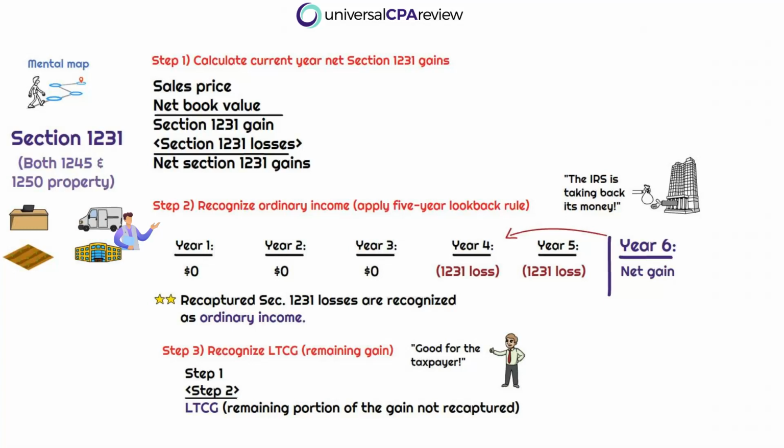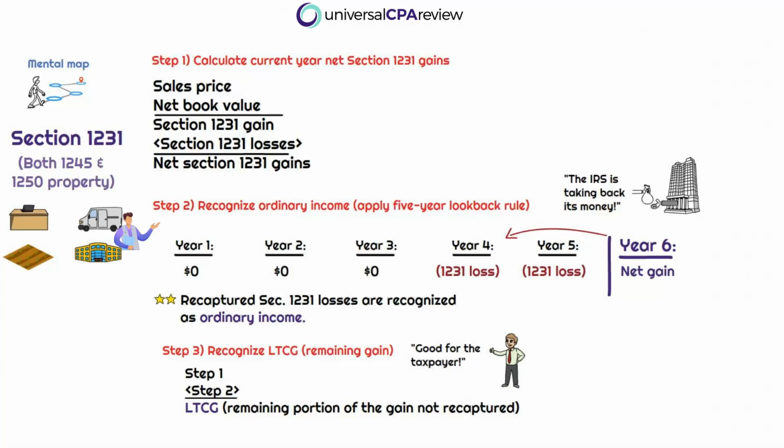We're not just going to let you take this entire gain and tax it as a long-term capital gain, since you deducted ordinary income with those section 1231 losses in previous years, specifically within the last 5 years. So the IRS is saying we're going to take back our ordinary income tax revenue. So when you think about Take Back Hotels, you're thinking about the IRS taking back its money.